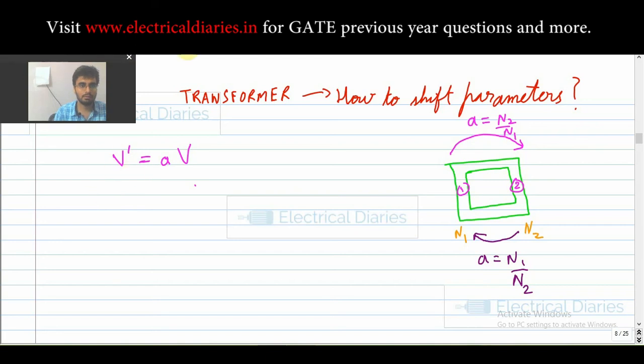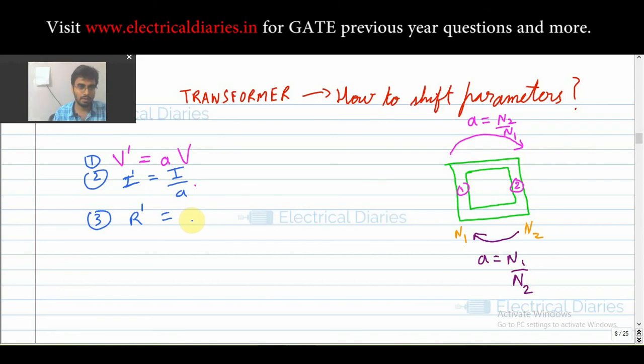Now the second is I dash is equal to I by A. Third, you have to take your R dash. These are your shifted parameters. It can be R1 dash or R2 dash.